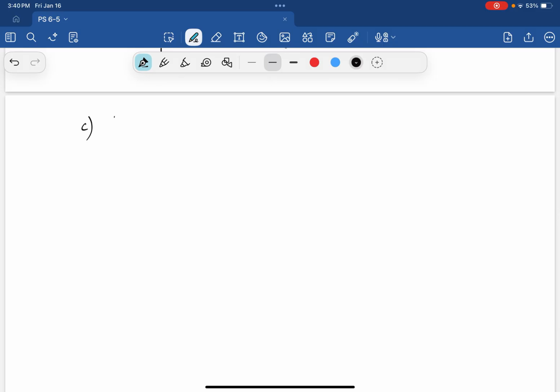Part C, 1 minus root 3i. I think this was the classwork. So the magnitude here is 2. We'll factor out that. So it's going to be here.